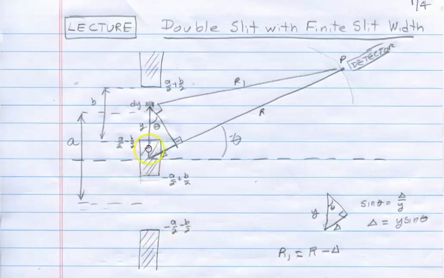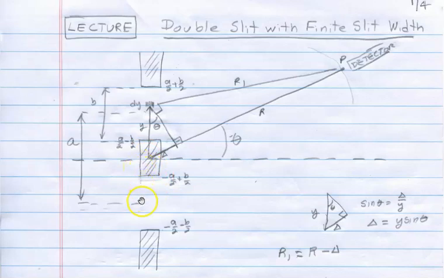And then this one may be a little bit less apparent, but the best way to write it is in terms of the distance to the center, which is A over 2, but now I'm going to subtract this half width, so it's A over 2 minus B over 2 for the top of that one. And then down here is just the negative of that, really.